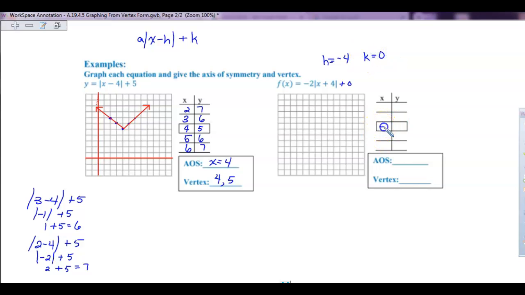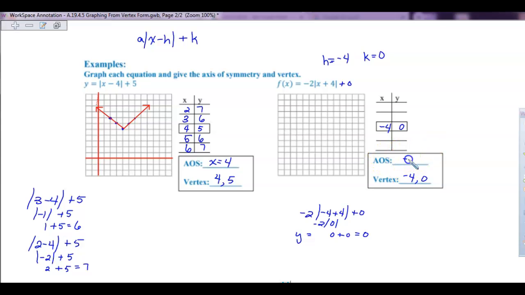So there is my ordered pair. That is my vertex, -4 and 0. I can test to see if this is actually true by taking -2 times the absolute value of -4 plus 4, plus 0. This is 0. The absolute value of 0 times -2 is 0. 0 plus 0 is 0. So that is my vertex.